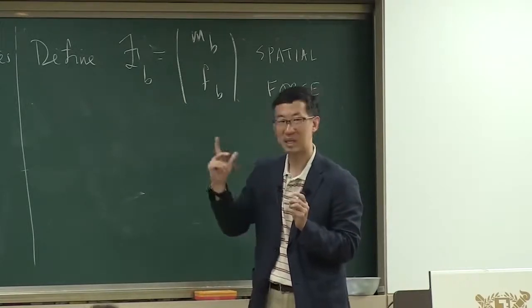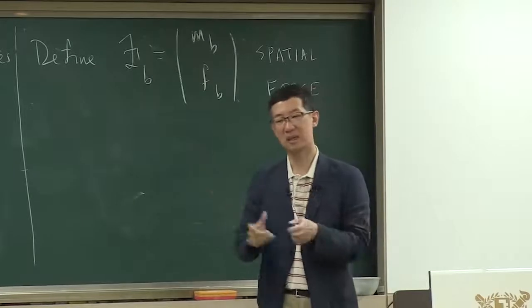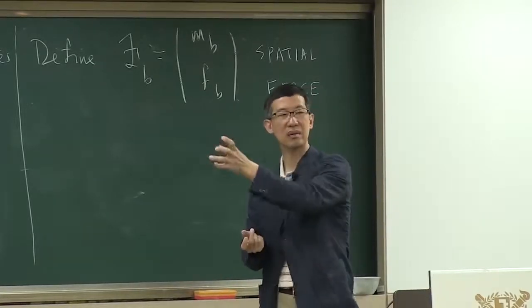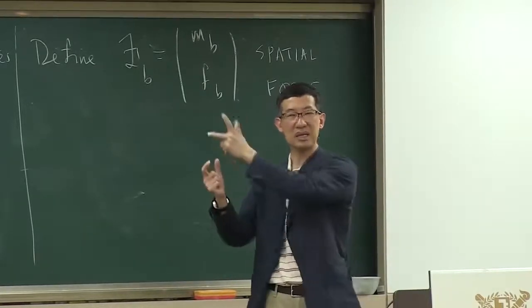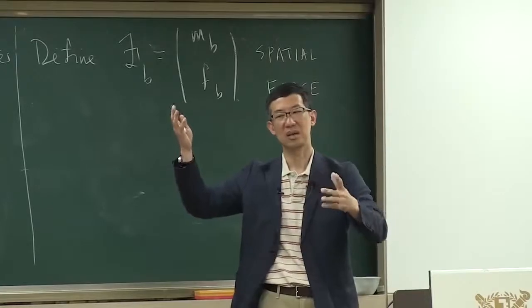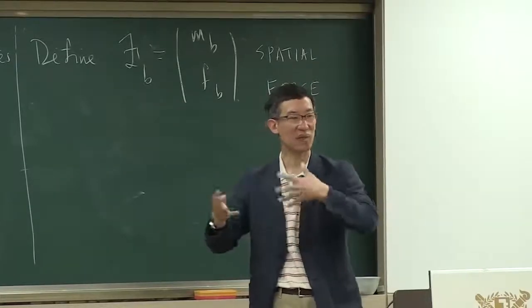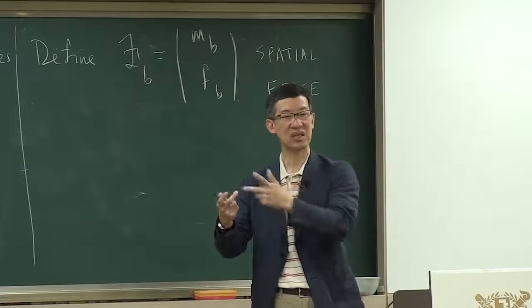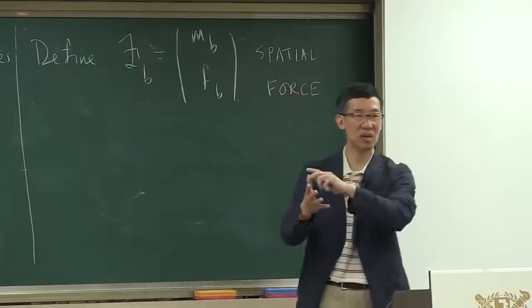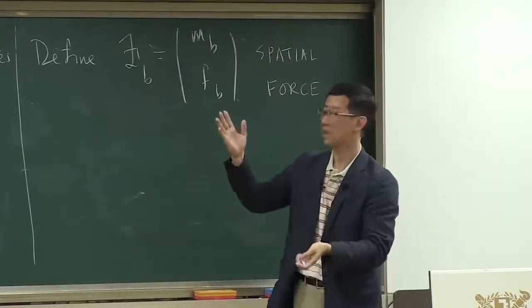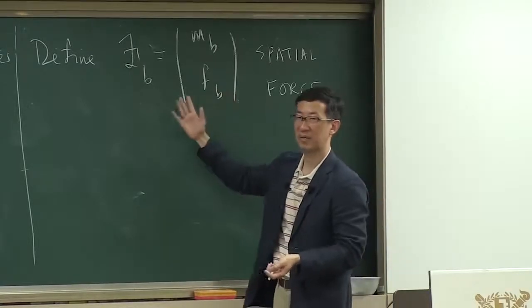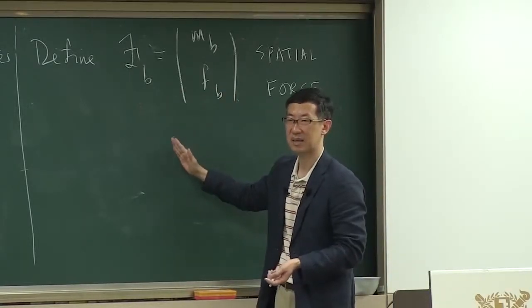All right, and why do we need that? Well, we need that because if you look at a robot, you have many links, and usually it's easiest to describe a link in terms of its own frame. So now ultimately you have to add velocities, add forces, expressed in different frames. So you have to know how to go back and forth between different frames' descriptions of forces and velocities.